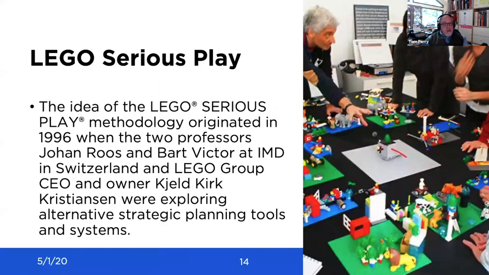And then there's Lego Serious Play. And this came about in the mid 90s as an effort that was academic in origins, where what they did was they were holding strategy meetings with Lego, the company, and they introduced the toys into the meetings to help people unwind and start to have conversations and describe the different initiatives they were trying to undertake, the different strategies they were trying to undertake in a physical form.